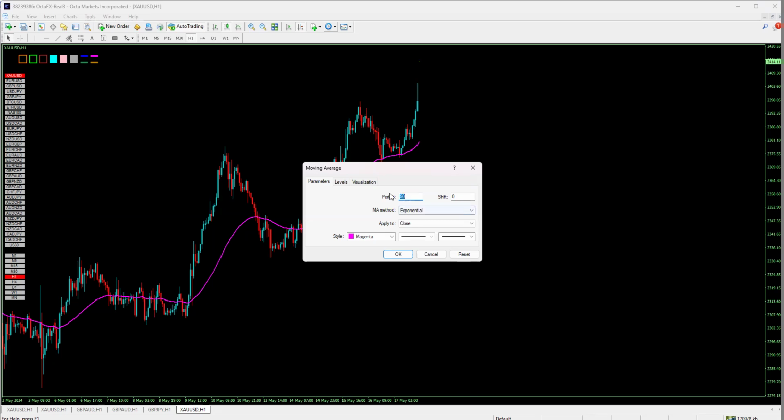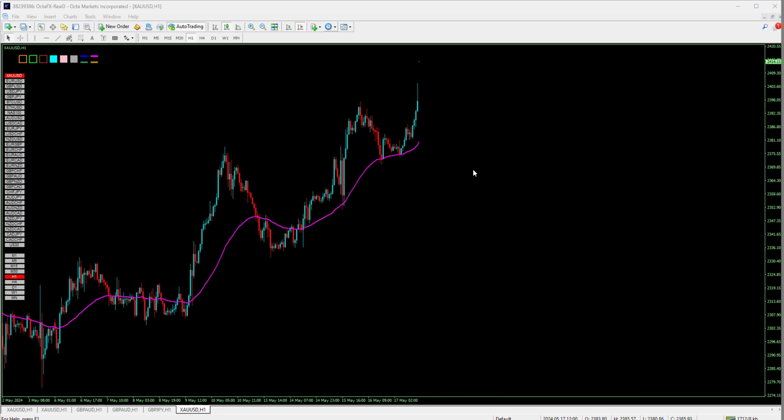Yeah, that's it. So the period is 50, shift is 0, and method is exponential, apply to close. Yeah, any question again?